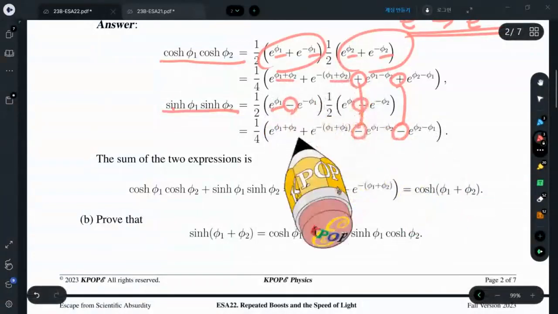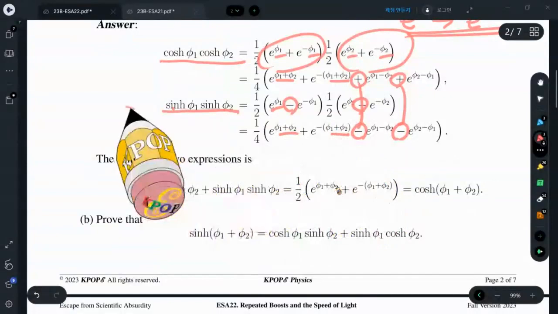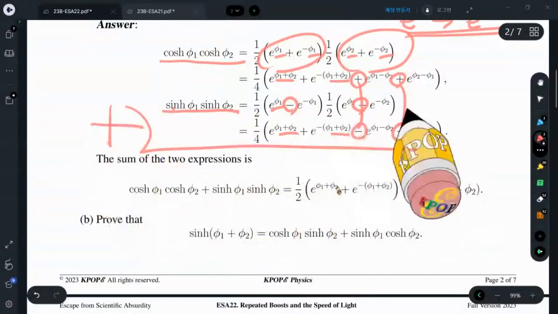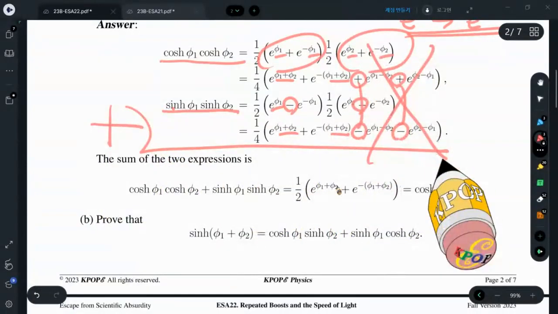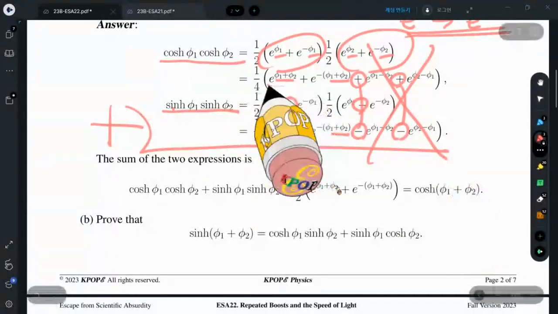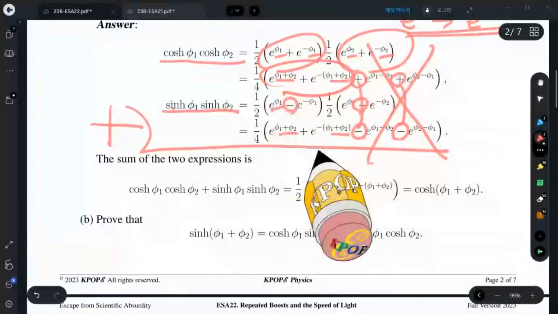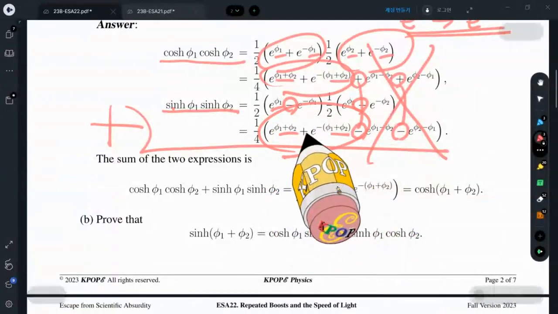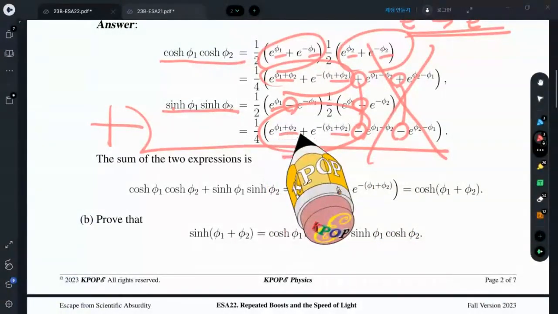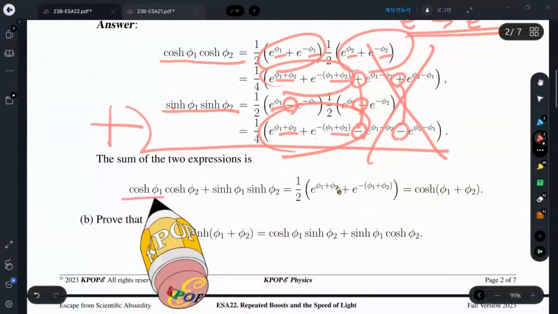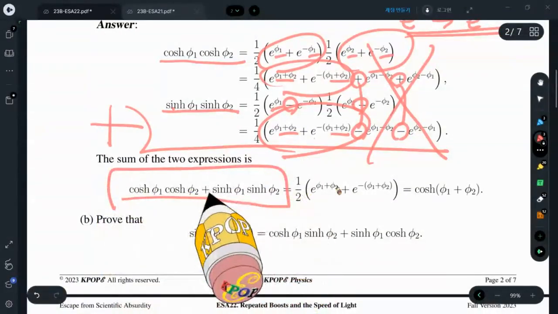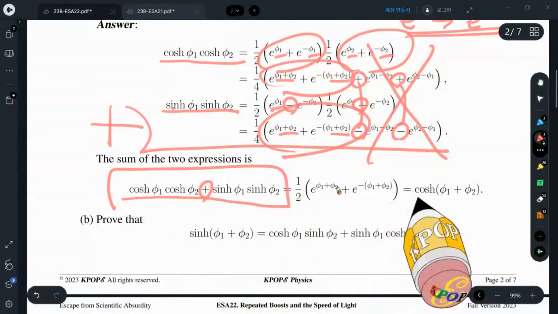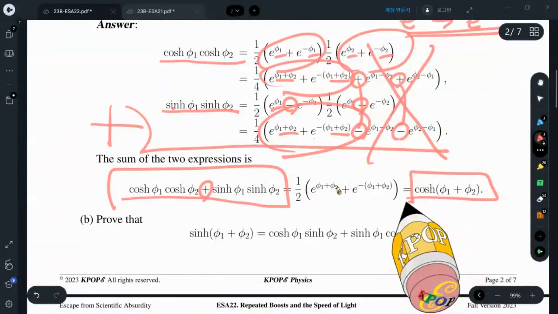If I add them up, these terms disappear. So what appears is the cosine hyperbolic of the sum of the two angles. Therefore, cosh cosh plus sinh sinh is a hyperbolic cosine.